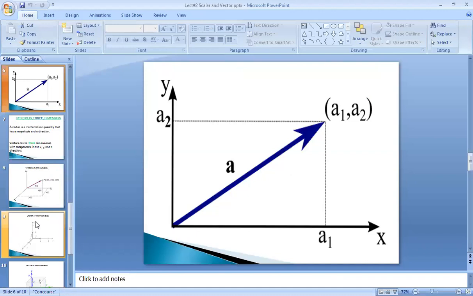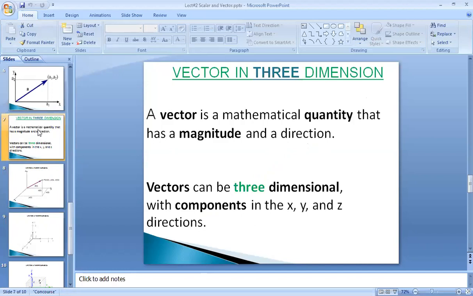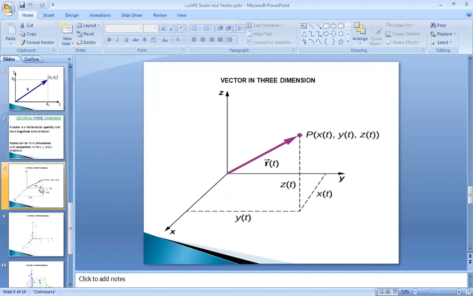And this is the vector in three dimensions, with components x, y, and z. I was explaining the vector in two dimensions, where we need components x and y, but here there are three axes we need: x, y, and z. This slide clearly shows the x component, y component and z component.